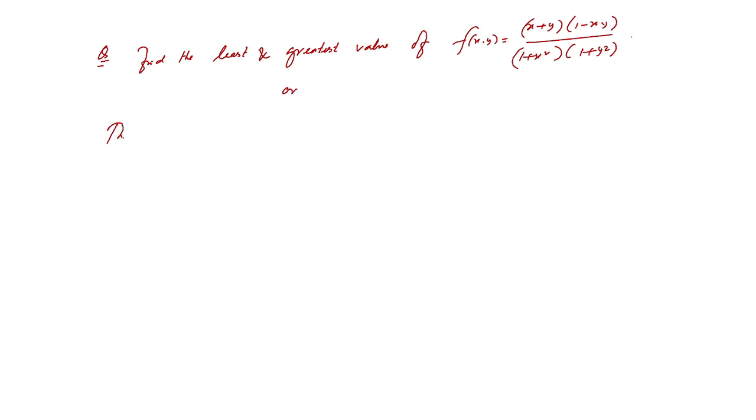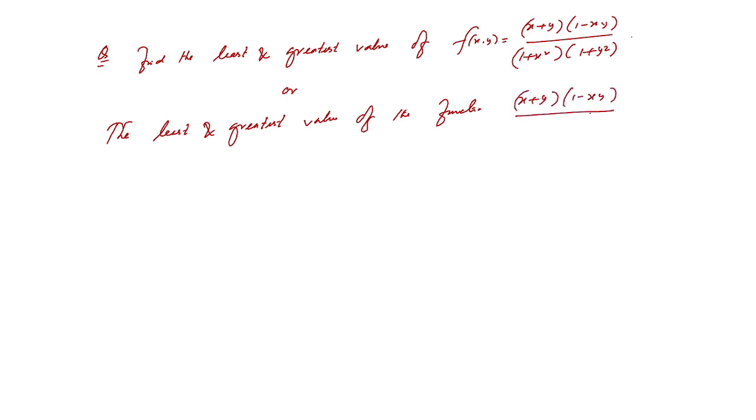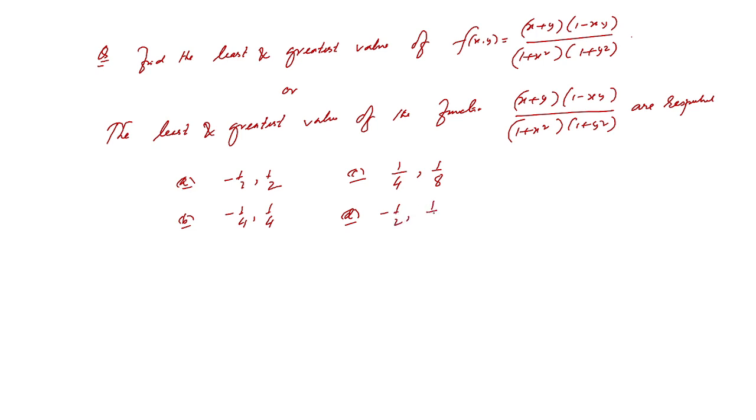The question is like this: the least and greatest value of the function are respectively: option A minus half, half; option B minus 1/4, 1/4; option C 1/4, 1/8; and option D minus half and 1/8. So these are the four options.